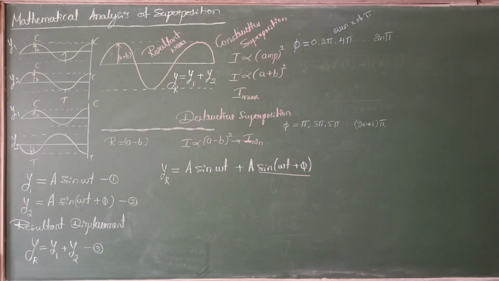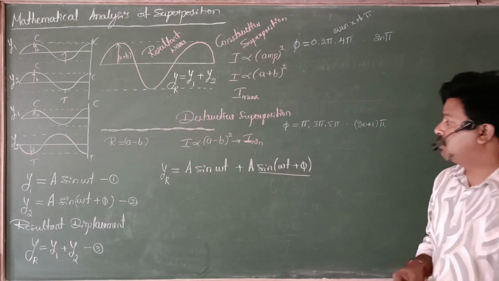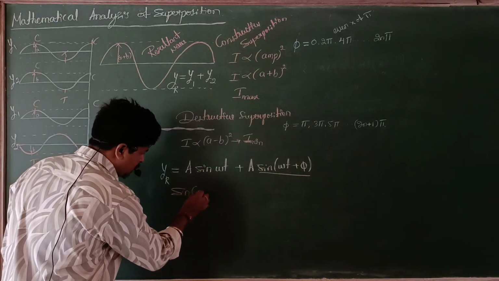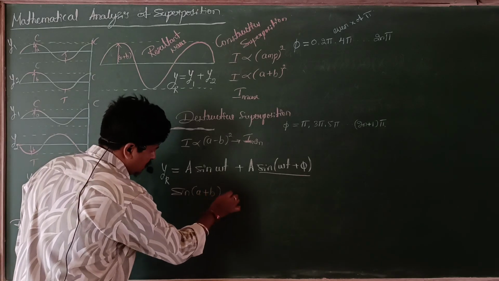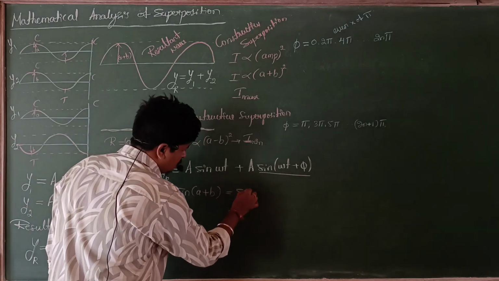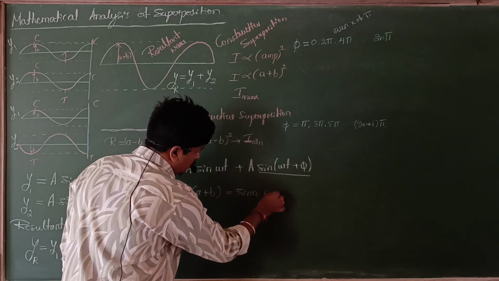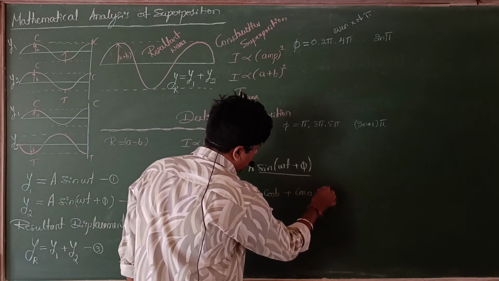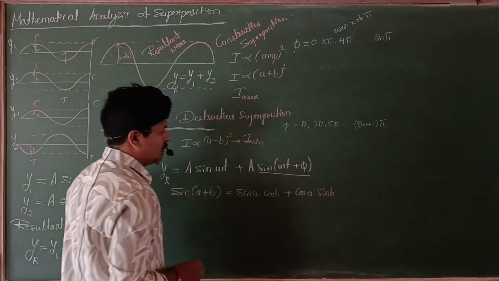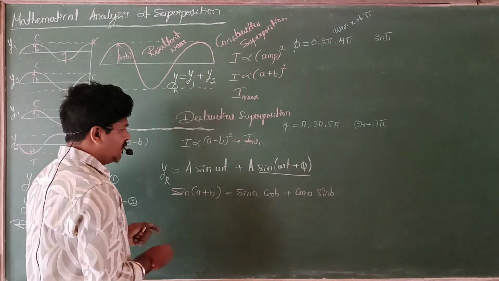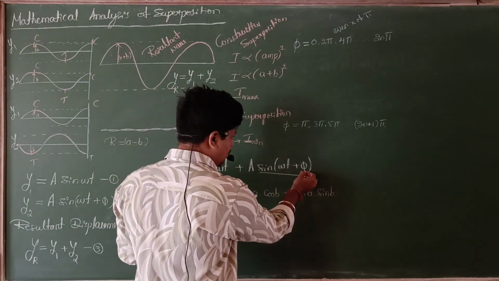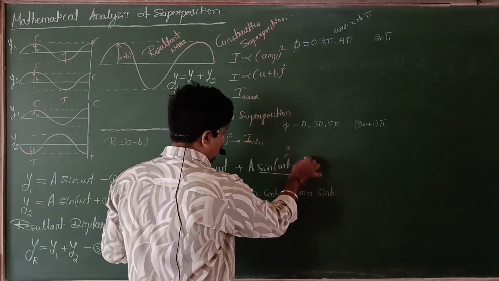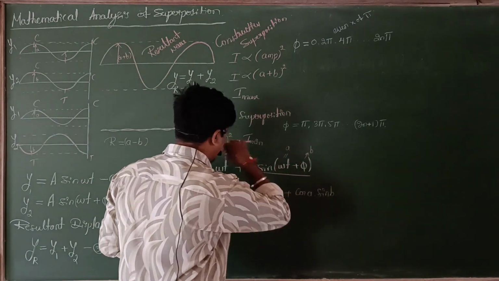So the formula for sin (A plus B) is sin A cos B plus cos A sin B. Use this formula. Here A is omega t, B is pi.